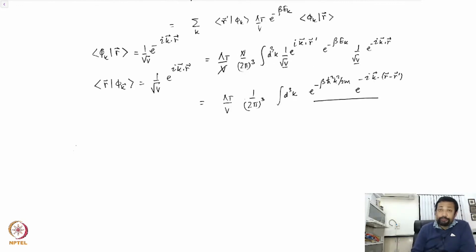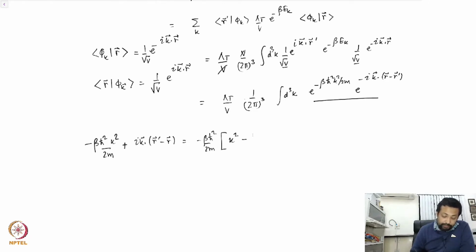Let's look at the argument of the exponential. I have minus beta h bar squared k squared over twice m plus i k dot r prime minus r, which I take as minus beta h bar squared over twice m, k squared minus twice m i over beta h bar squared, k dot r prime minus r.